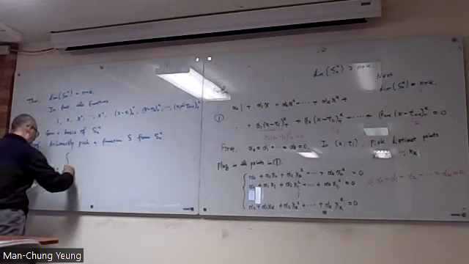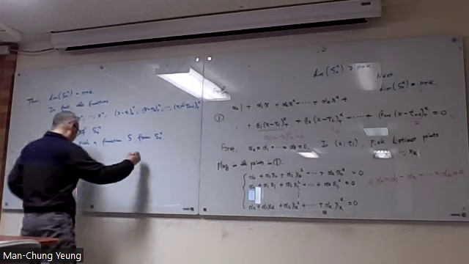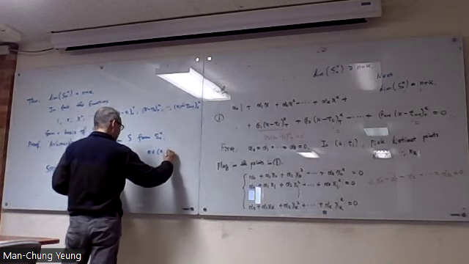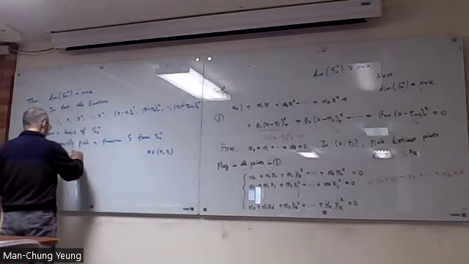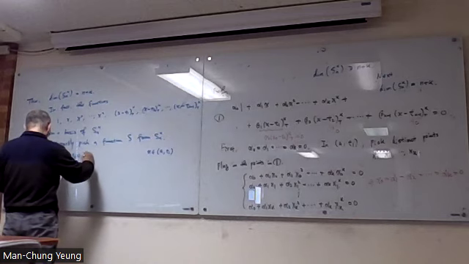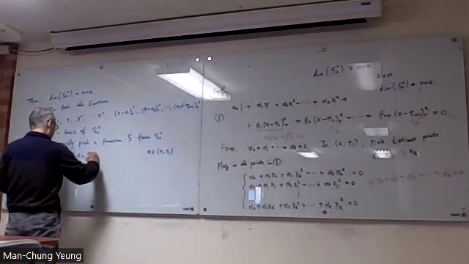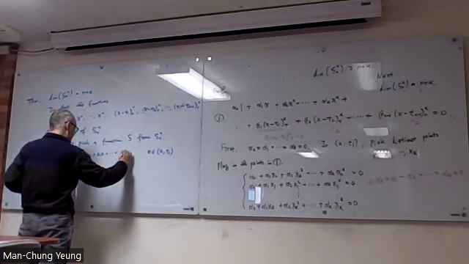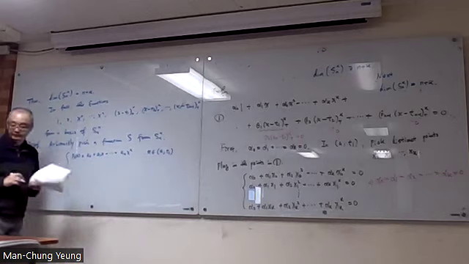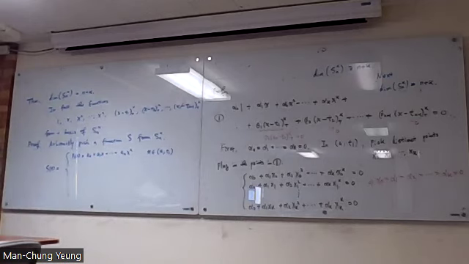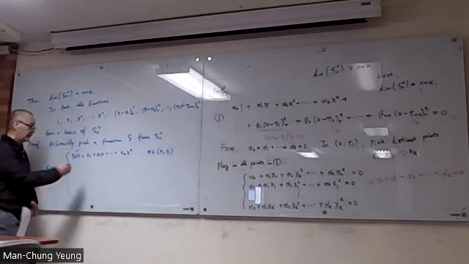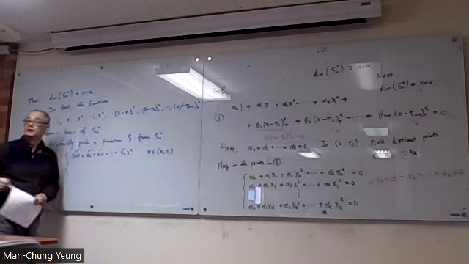Over the first interval a to t1, it is a polynomial of degree k. Assume I know this polynomial.